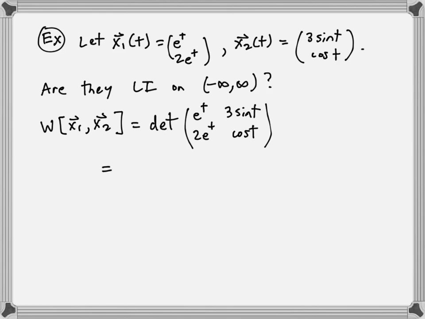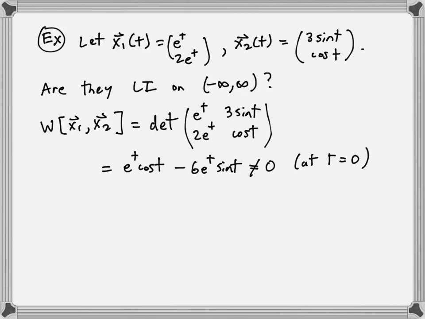So what do we end up with here? We end up with e to the t times cosine t minus 6e to the t sine t. Okay, and what do we know? Is this 0 everywhere? Well, clearly not, right? All you need to do is find one point where it's not 0. So how about t equals 0, for example?